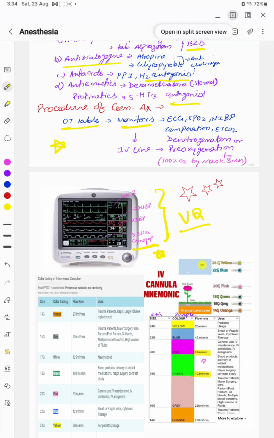When we are breathing normal air, it has approximately 78% nitrogen and 21% oxygen. So at this time our lungs have only 21% oxygen. But before anesthesia, we want to fill the lungs with 100% oxygen by mask. We will do this for 3 minutes.